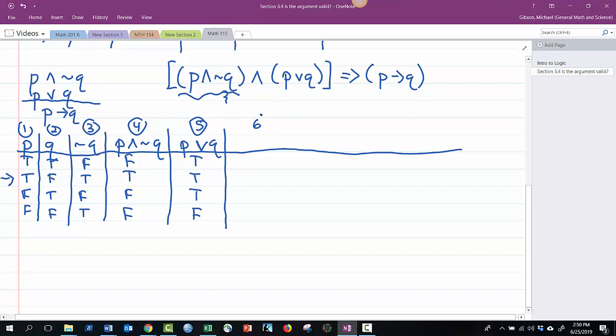So 6 is, there's our and, so it's going to be column 4 and column 5. Remember, it's an and, so it's true only when they're both true. False, true, true, true. So it's true there. False, true, false. So the only place they're both true is here in row 2, so all the rest of them are false.